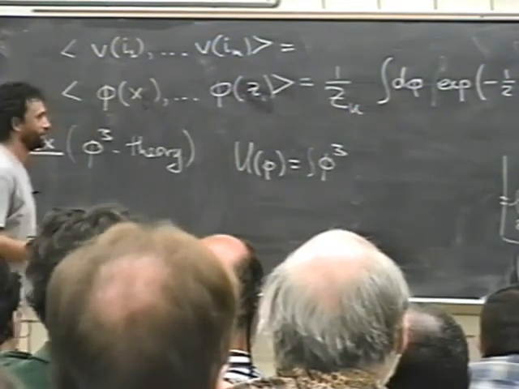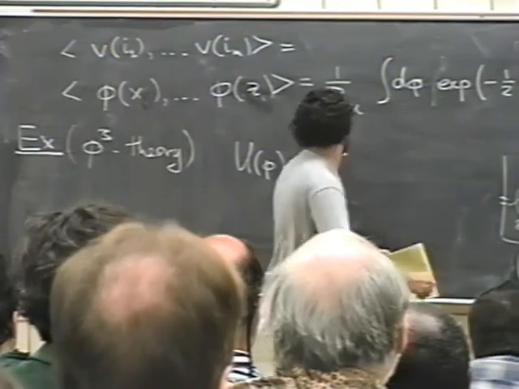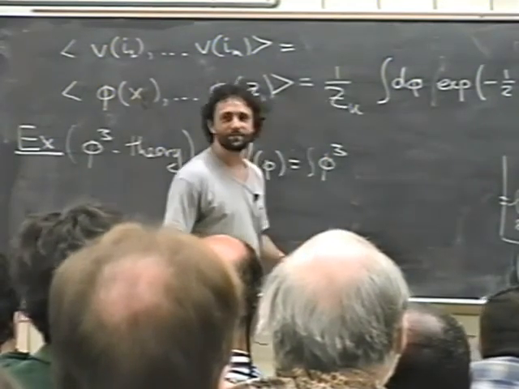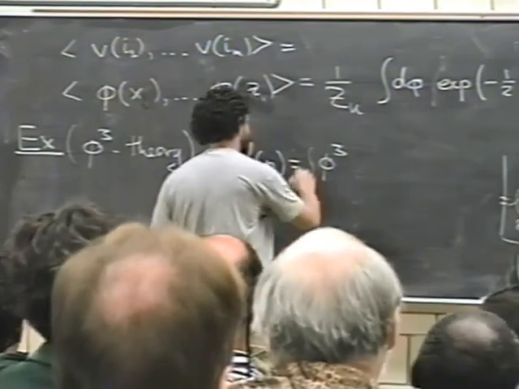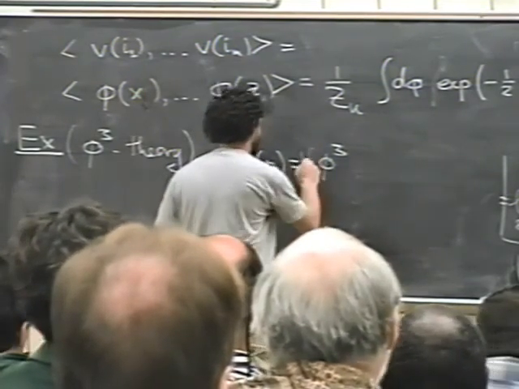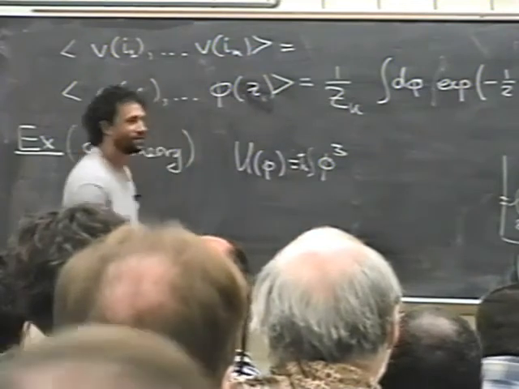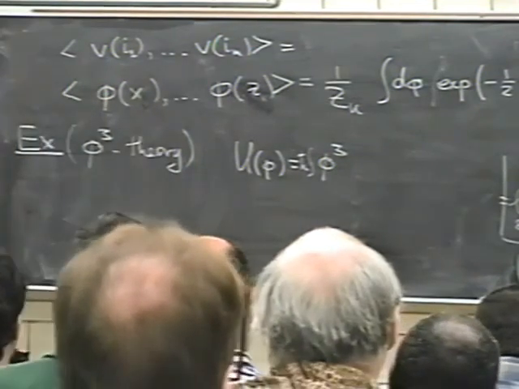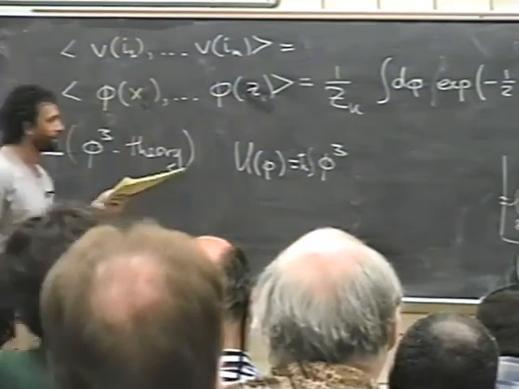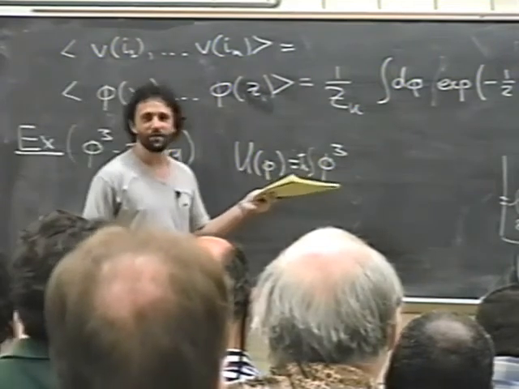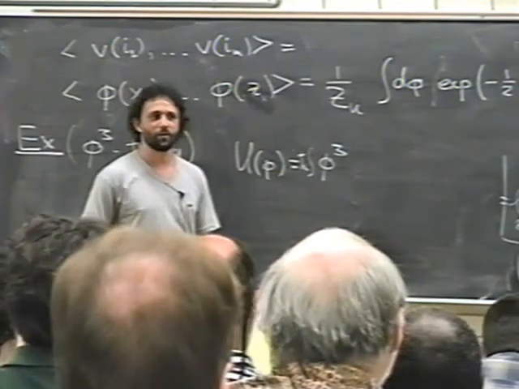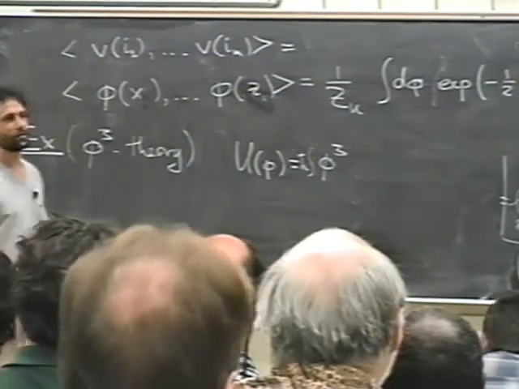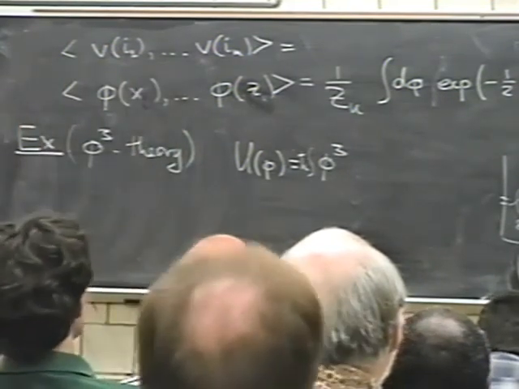That's just the infinite dimensional analog of this cubic potential which I explained before. So let's just see how to change our Feynman rules.